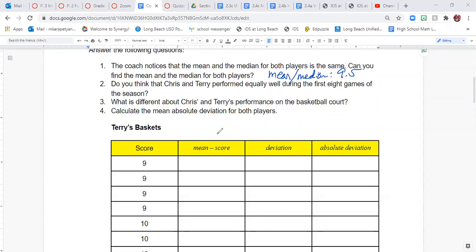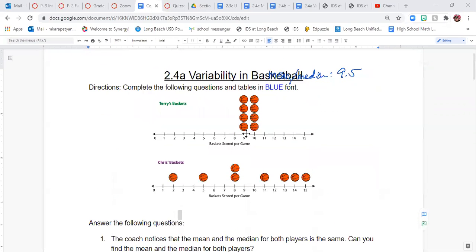Janelle, you want to add? I said that they didn't perform equally because the question asked during the first 8 games, and Terry didn't score any the first 8, but Chris did, and he scored 4 baskets. Wait, hold on. Let me clarify, sweetie. This is not game 9. This is how many baskets they scored per game.